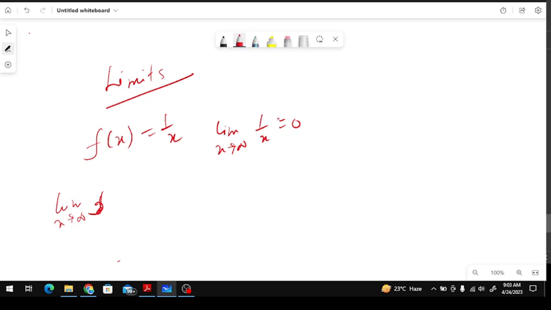So it will keep getting closer to 0 but never reach 0. So the way we express a value that is forever being approached but never reached is through the limit.